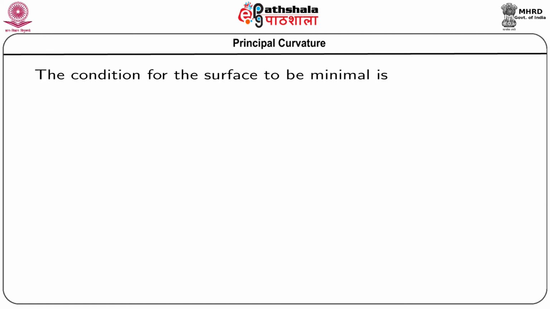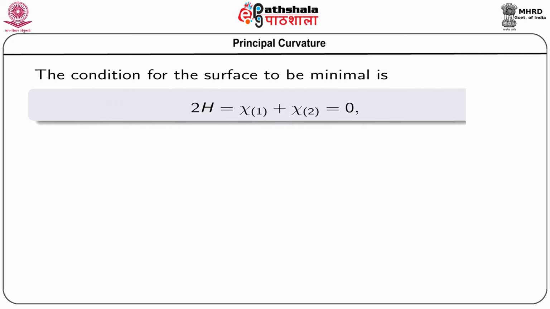Now, the condition for the surface to be minimal: we know that a surface is a minimal surface when the mean curvature h equals 0. So, we know that kappa 1 plus kappa 2 equals twice h, and that is equal to 0 because h is 0.